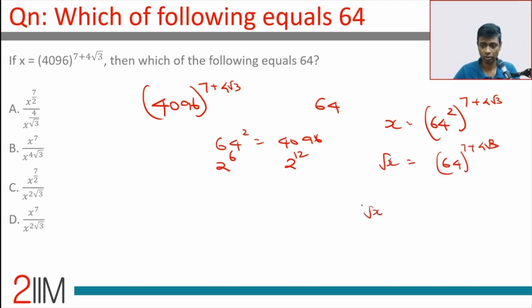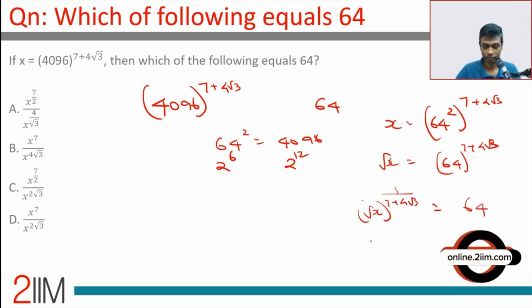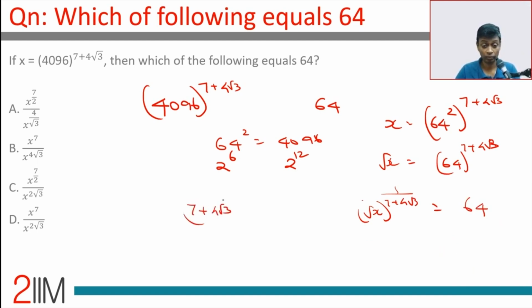Or square root of x to the power 1 by 7 plus 4 root 3 is 64. 7 plus 4 root 3 is a beautiful number. 7 plus 4 root 3 into 7 minus 4 root 3 is 7 square 49 minus 16 into 3 48, which is 1. The reciprocal of 7 plus 4 root 3 is 7 minus 4 root 3.